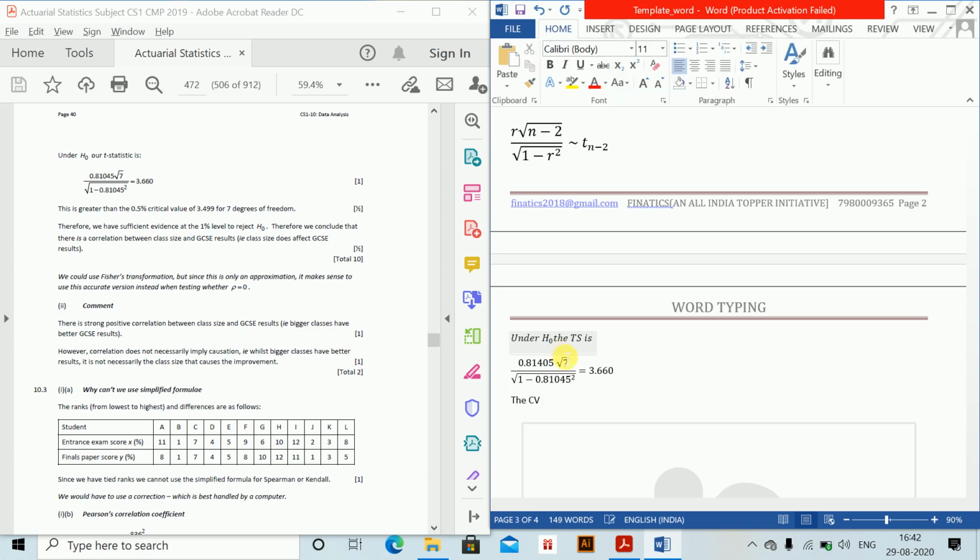Critical value is... this is greater than the critical value at 0.5% level of significance and 7 degrees of freedom.